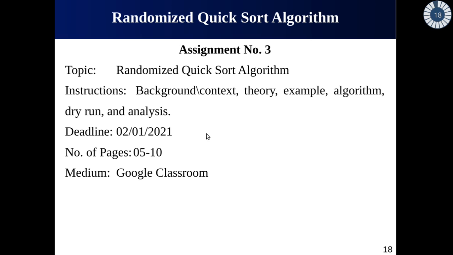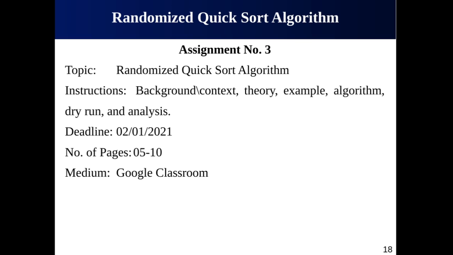Now, something for you. Assignment number 3. Explore the concept of the randomized quicksort algorithm. The instructions are similar to the previous instructions. First, you have to provide a background, a context to the randomized quicksort algorithm. You can write something about the quicksort algorithm and then why we need the randomized quicksort algorithm, what is the improvement made in the randomized quicksort algorithm, and things like that.